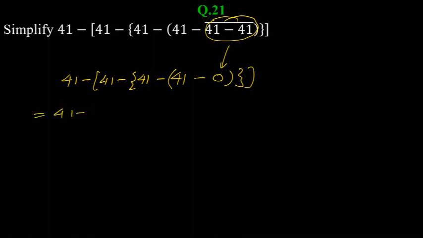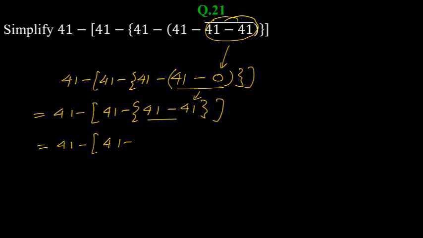That is 41 minus 41 minus 41 minus 41. 41 minus 0 will be 41. That is 41 minus 41 minus 41 minus 41, again 0. 41 minus 41. 41 minus 41. 41 minus 0, 41. That is 0.